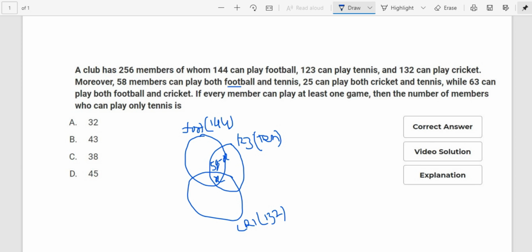Now moving to the next part, 25 can play both cricket and tennis. Those 25 members who are playing cricket and tennis, that is this part.